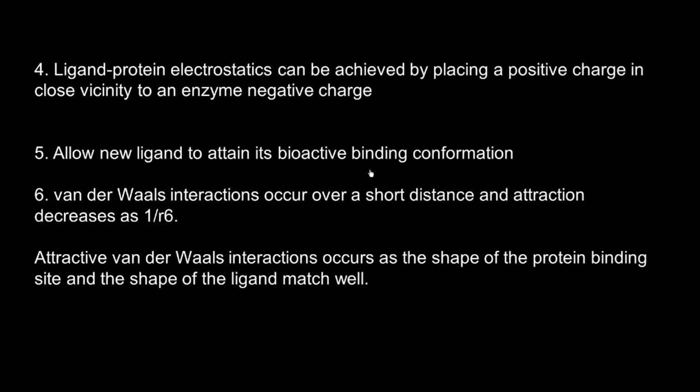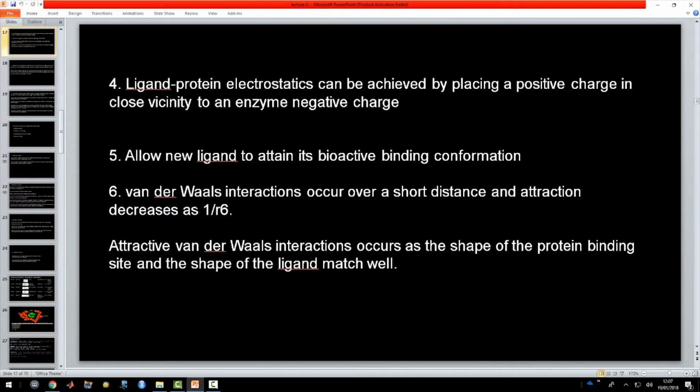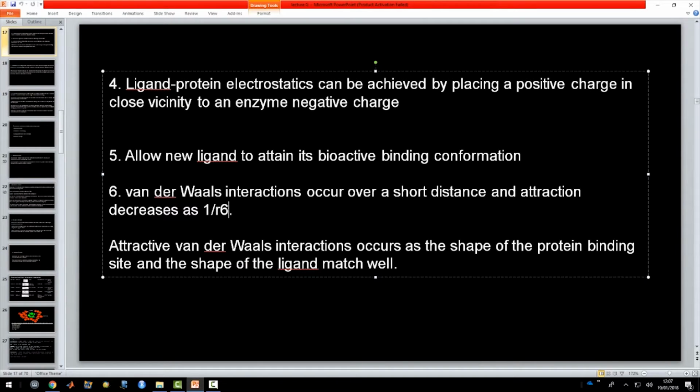Van der Waals interactions occur over a short distance, and attraction decreases as 1/r to the power 6. So you need to keep that point in mind. Van der Waals interactions are over a short distance, they are not long distance.